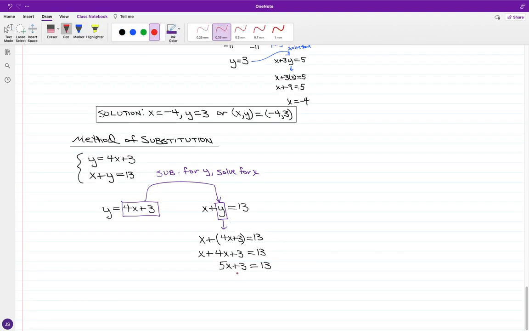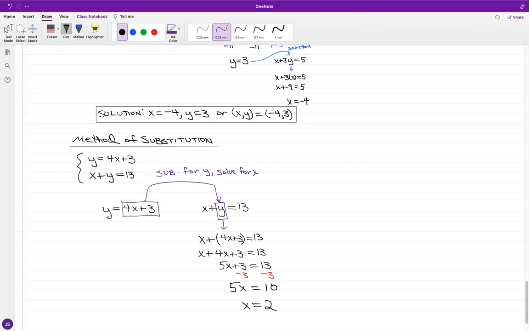Following through, take 3 away from both sides, so we have 5x is equal to 10. With division by 5, we'll have x is equal to 2. So you have half the solution with x at 2.